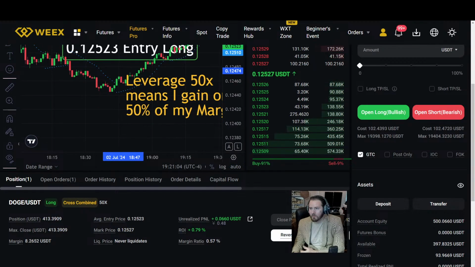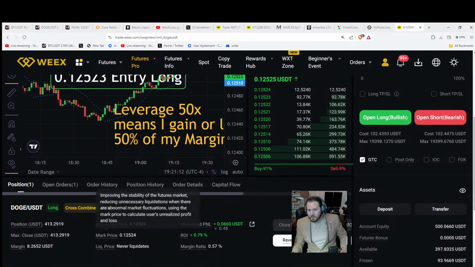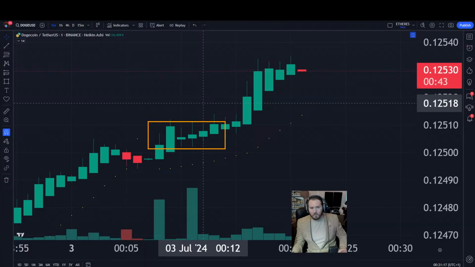And while I'm waiting on this order to fill, what I'm going to do is go back to TradingView. Since I already have the entry right here, 12.523, I'm going to put this on my chart.